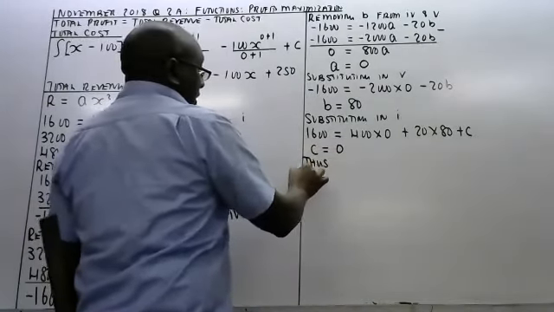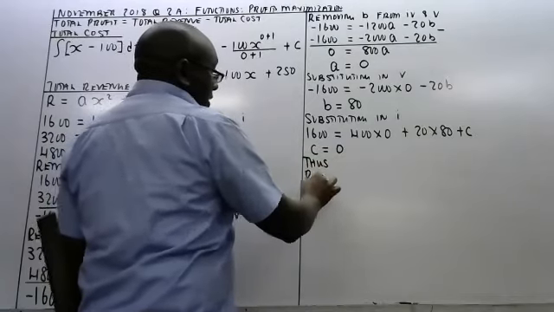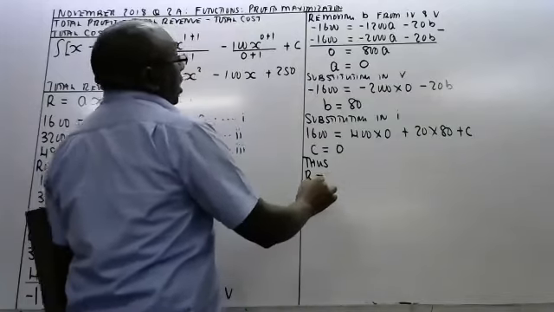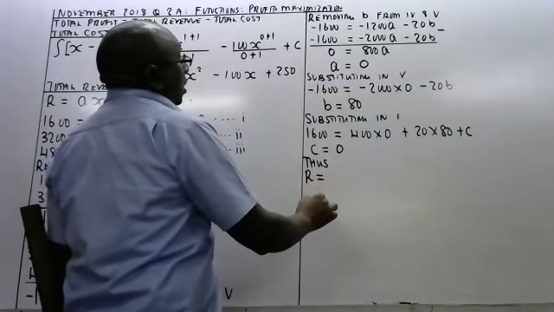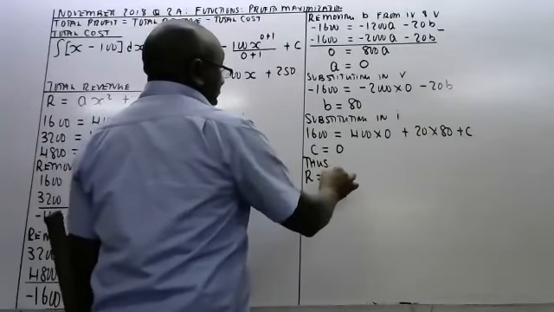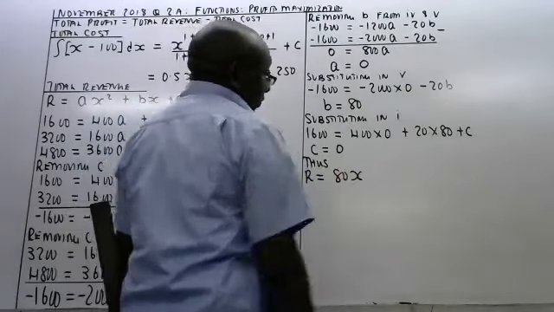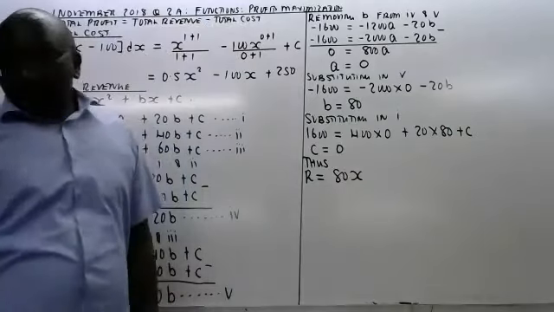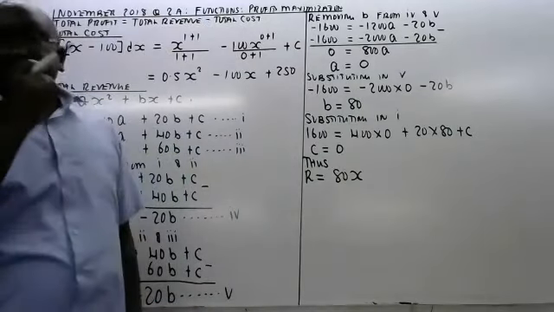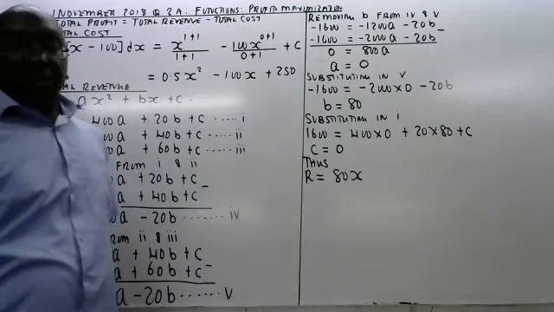Thus, revenue is equal to 8x, because the others have become 0.